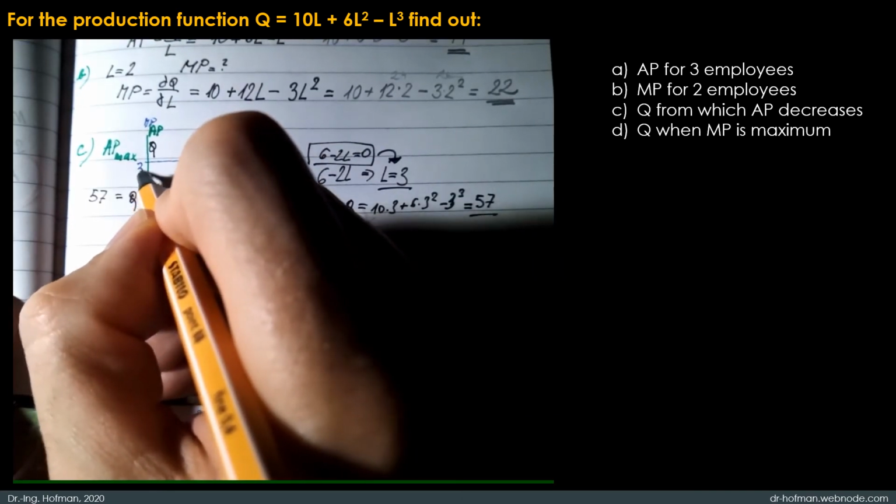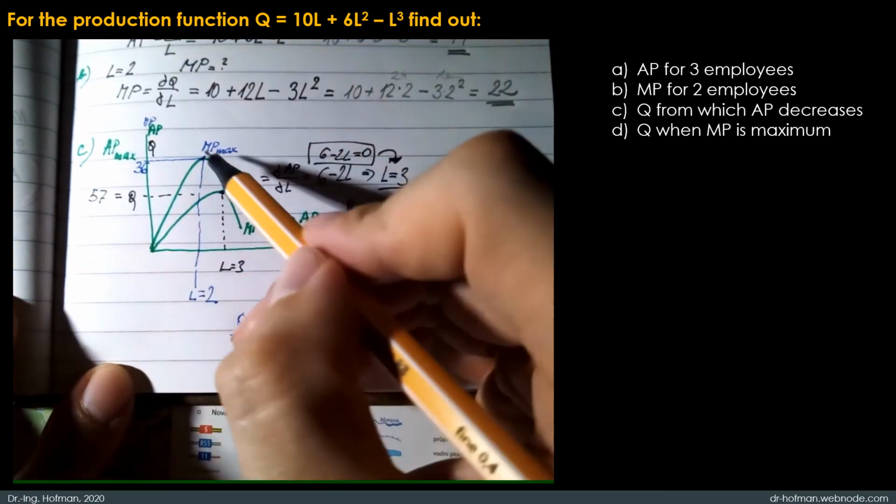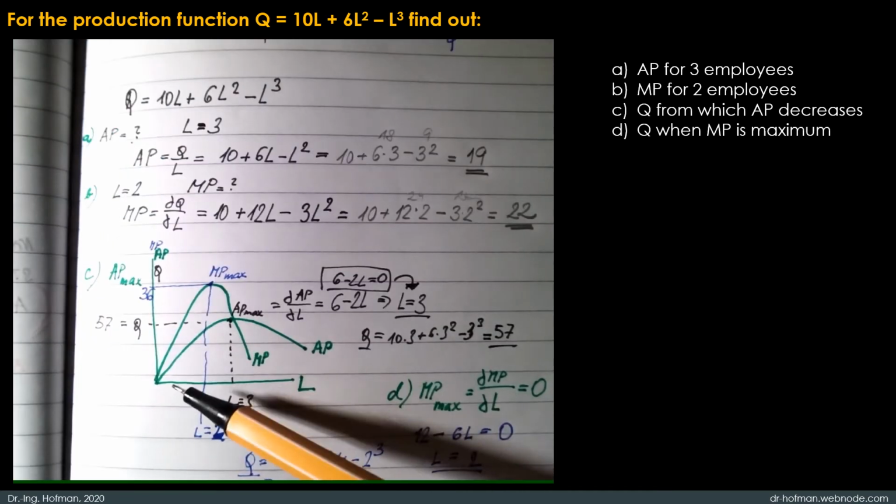So we have the other coordinate Q, 36. This is the maximum marginal product.